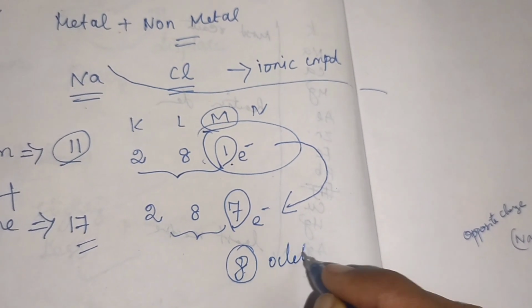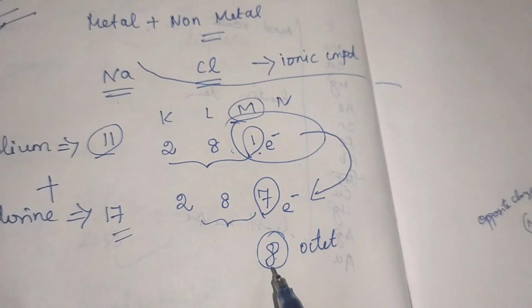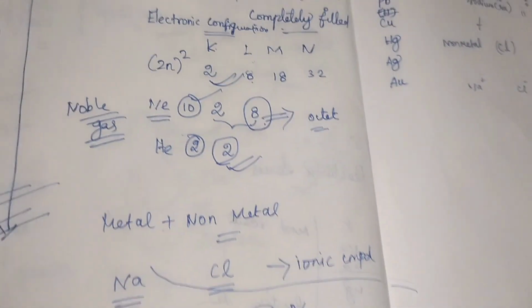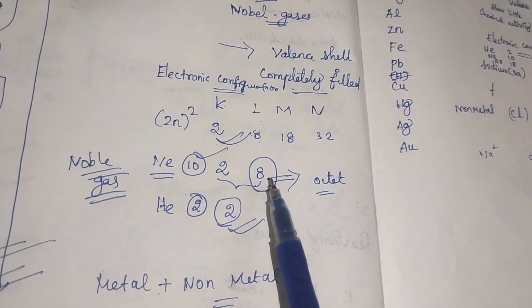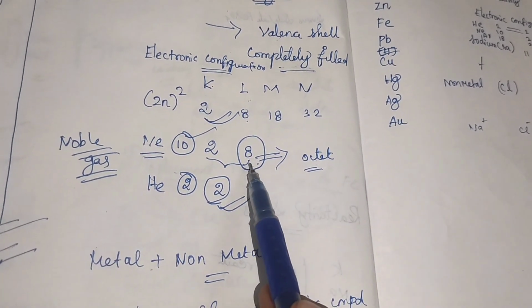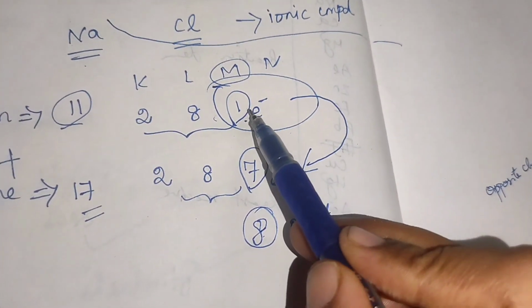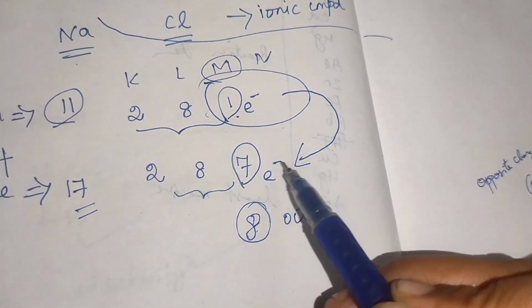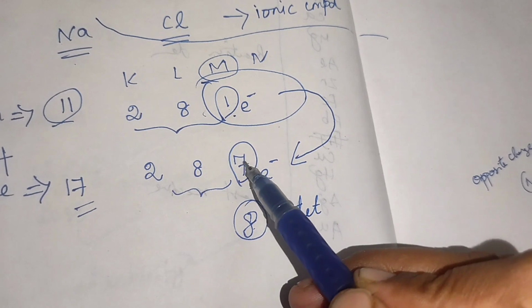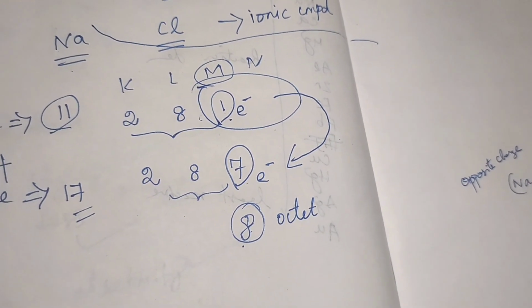Octet means, as I said, noble gases contain 8 electrons in their outermost shell. Previously I said noble gases like neon have a completely filled valence shell. Like that, if sodium removes this one electron and chlorine accepts it, then the 7 turns into 8 and it becomes an octet.